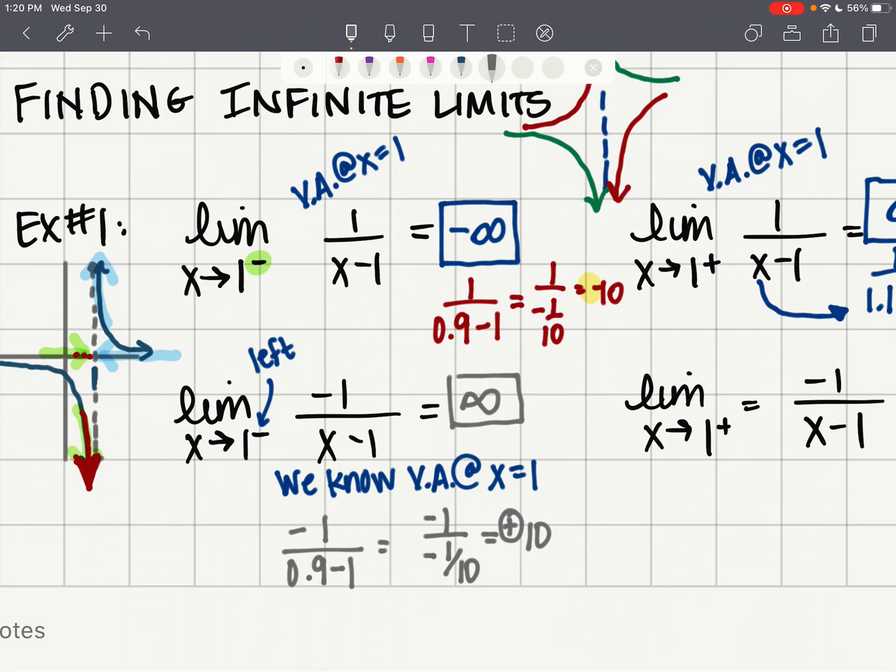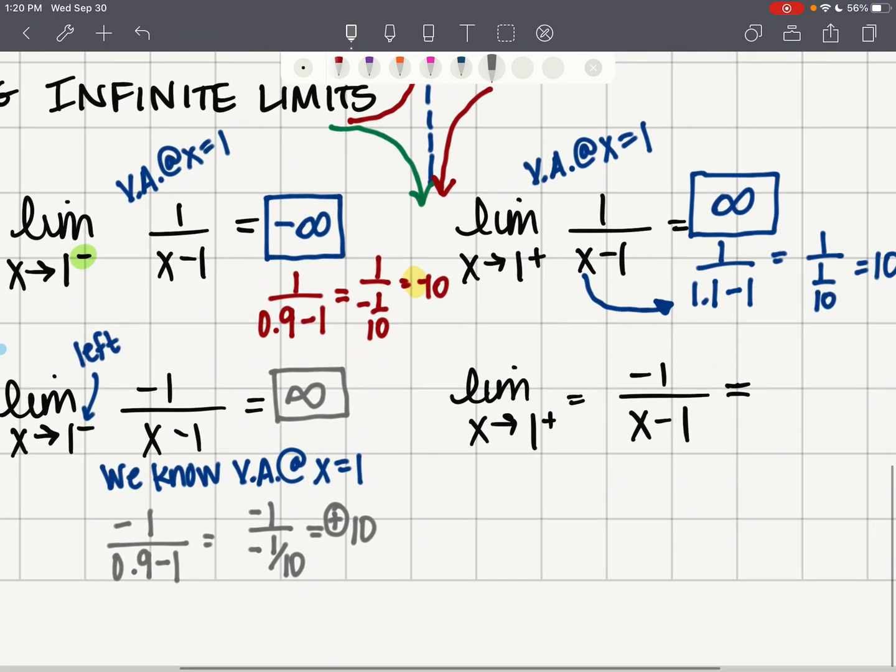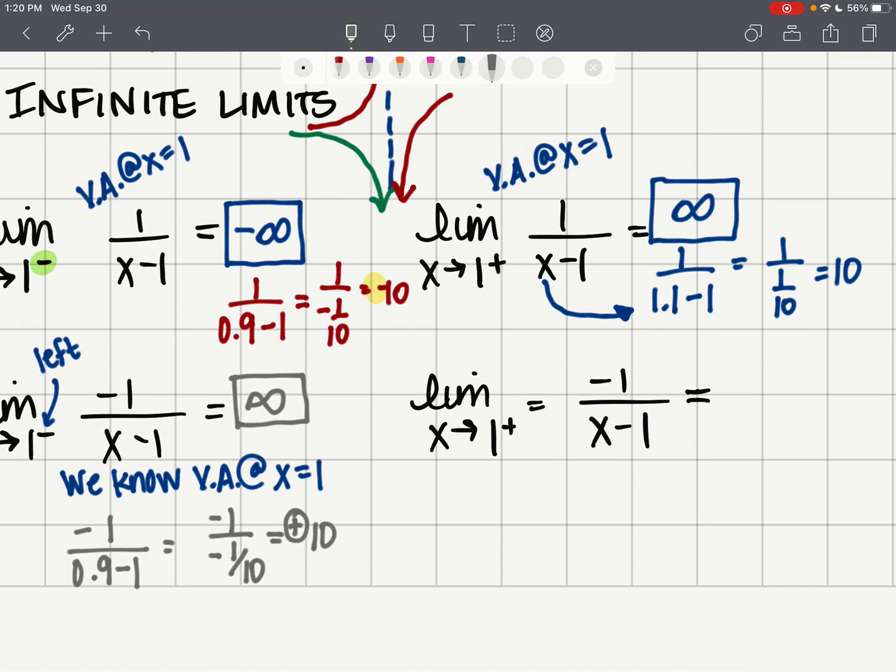That's going to be positive infinity, because we always approach our vertical asymptotes from the left or right, number one, and our outputs at that vertical asymptote are values of infinity, whether it's negative infinity or positive infinity. So what's happening from the right-hand side?